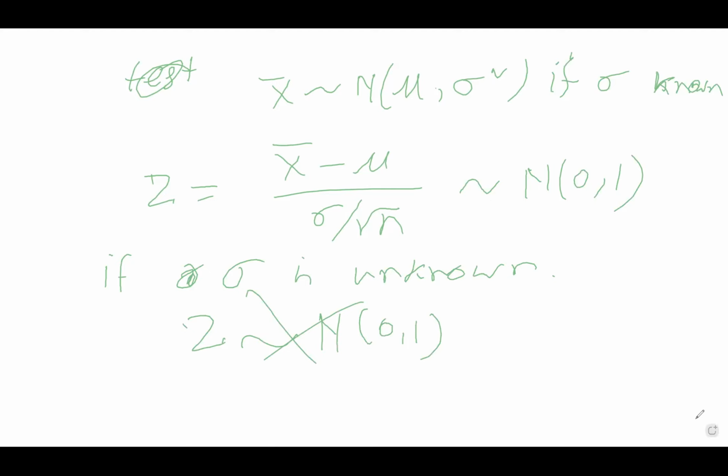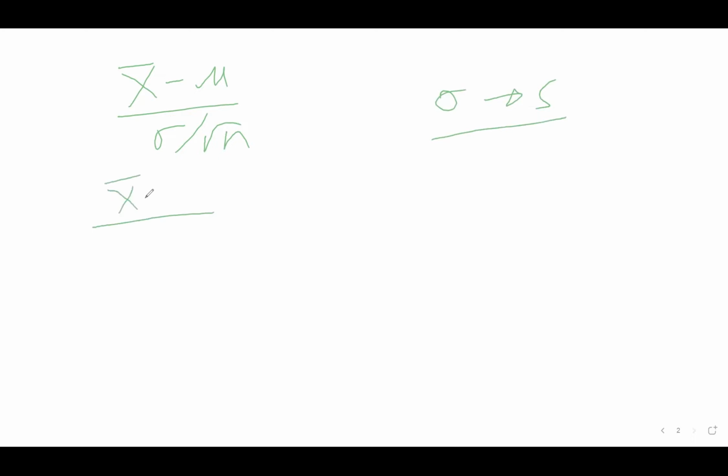Now we have to find the distribution of, since this is a random variable, X bar minus mu over sigma over the square root of n. If sigma is unknown, we can use the estimated value of sigma. What is the estimate of sigma? The estimate of sigma is S, right? So instead of sigma, we can use S: X bar minus mu divided by S over the square root of n.